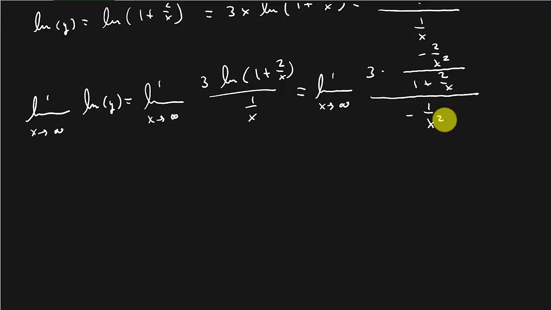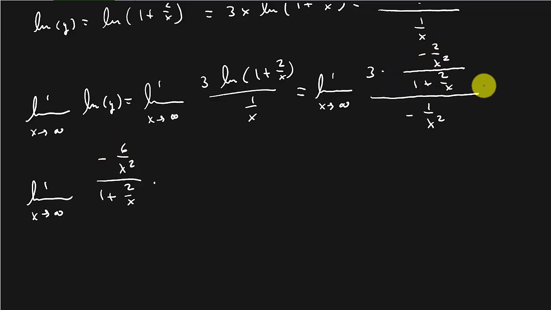So now we have the limit as x goes to infinity of negative 6 over 1 plus 2 over x, times, whoops, I messed that up. That's negative 6 over x squared. I just did the 3 times the negative 2 gives me the negative 6.